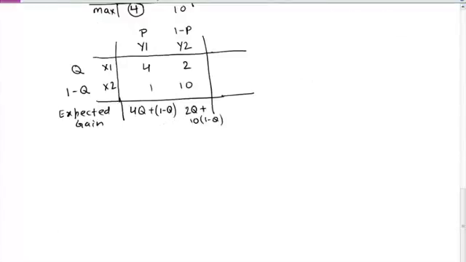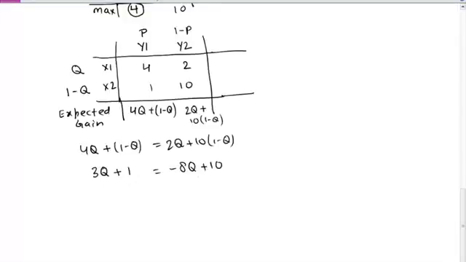Now if we equate the two, what we get here is 4q plus 1 minus q equals 2q plus 10 times 1 minus q. Basically we are trying to figure out the value of q. If you simplify this, you get 4q minus q is 3q plus 1, and on the other side, you get negative 8q plus 10.